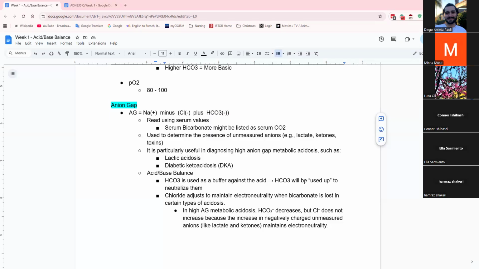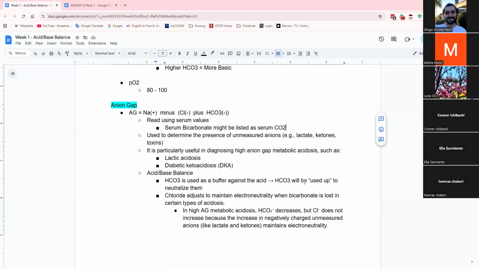Don't worry too much about the charged things, but this is for context. It detects anything that is not currently being measured through labs, because you can specifically measure lactic acid levels, which is done all the time for patients in sepsis or going through shock, or ketones, which can be measured for someone that has DKA.